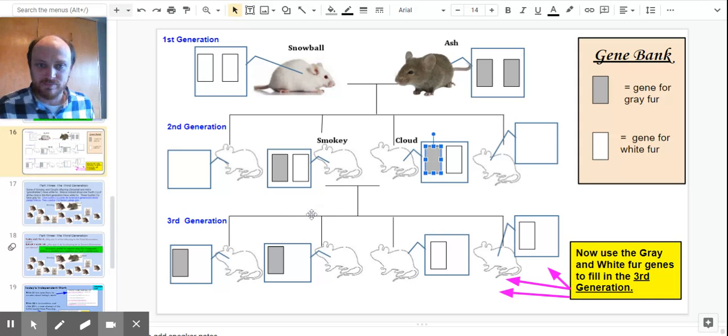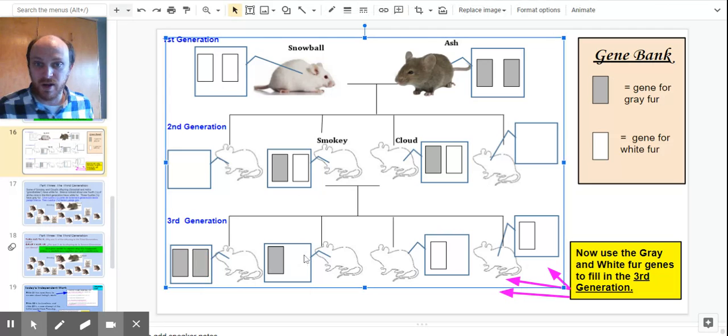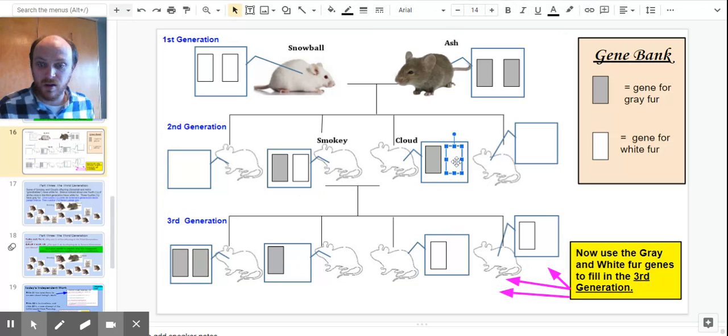Cloud could give a gray gene. So this baby could have gotten a gray from each. This baby could have gotten a gray from mom and a white from dad. This baby could have gotten a white from mom and a gray from dad.